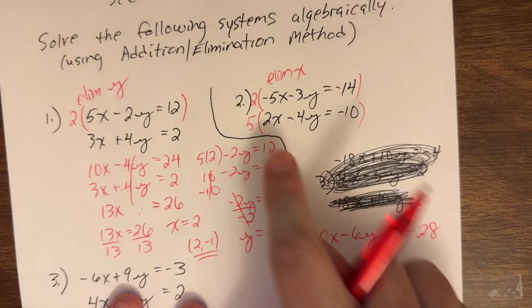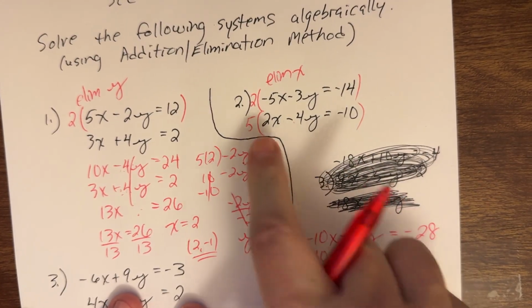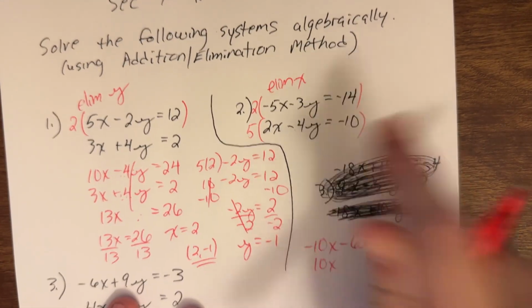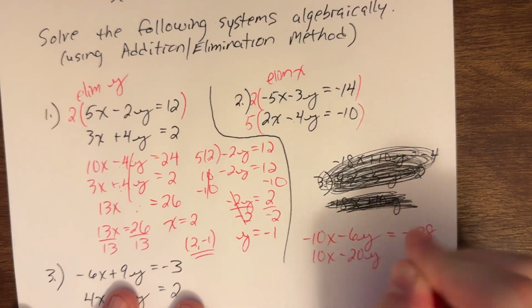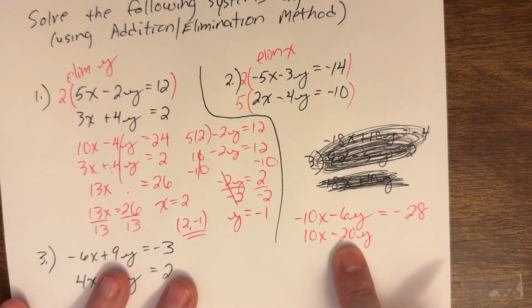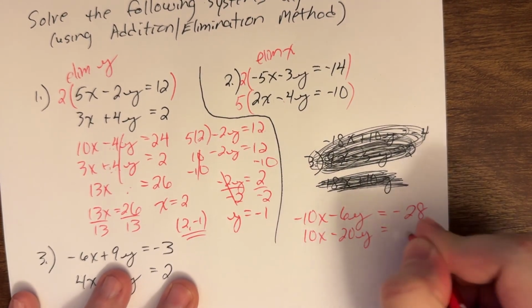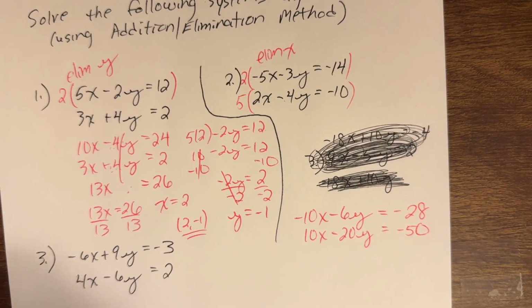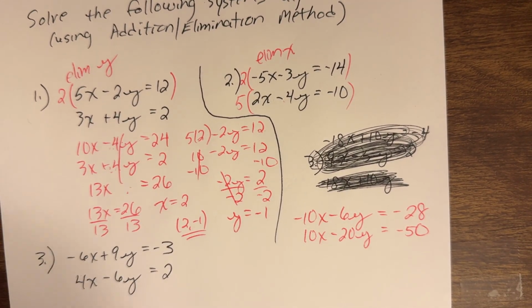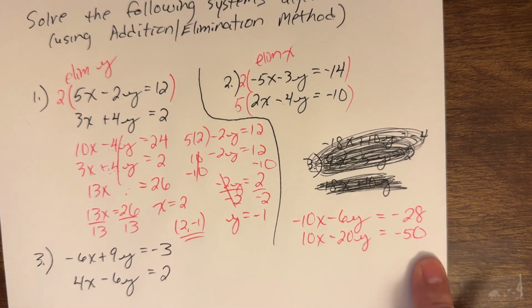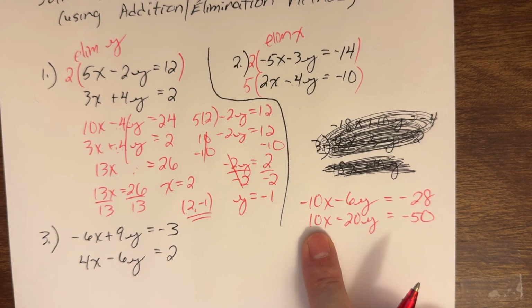Now multiplying by 5, I get a +10x here. I get a -20y here. And then I get a -50 over here. Doing my arithmetic, that's what I wanted.